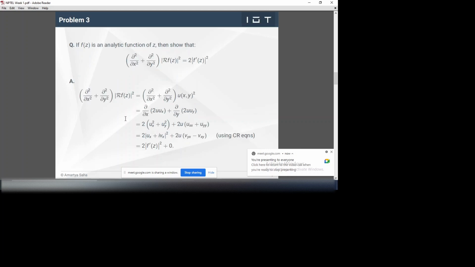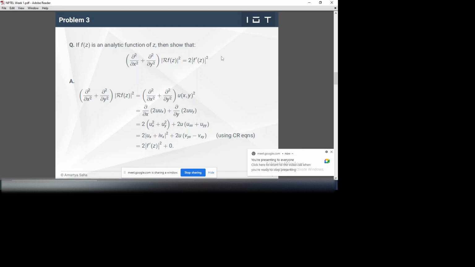Now we would like to move on to the third one. This is like a proof. You have to show this: given the left hand side, the right hand side is this one. Again, this R of f(z) is the real part of the function f(z).